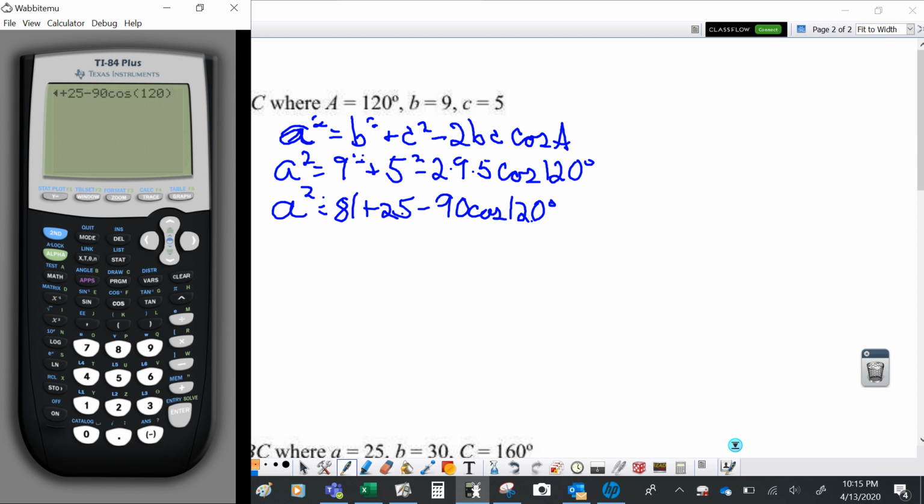The rest of the world, when they're talking about angles outside of geometry class, they use radian measure. So before we press equals, we want to double check, press mode, and make sure that we are in degree mode before we go on. Press second quit to get us back to the main calculator screen. Press equals, and we get that a squared equals 151.7.